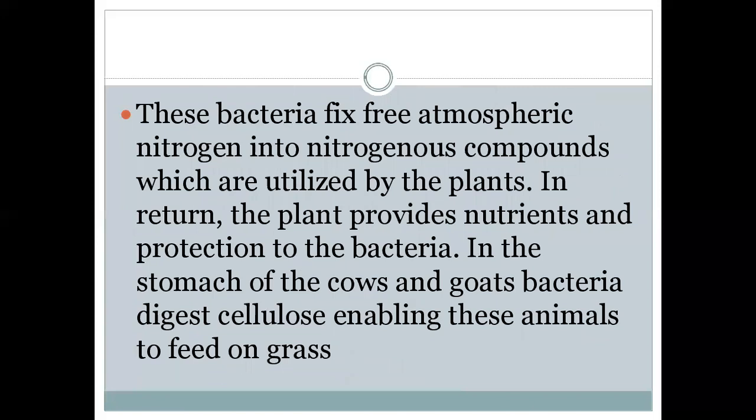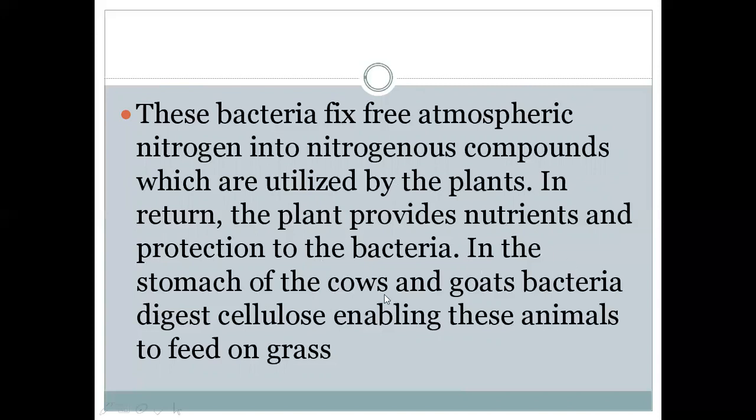It converts atmospheric nitrogen to ammonia, and this ammonia is given to the plants, which can form biomolecules from it, whereas the rhizobium gets nutrients as well as shelter from the plant. So these bacteria fix free atmospheric nitrogen into nitrogenous compounds which are utilized by the plant. In return, the plant provides nutrients and protection to the bacteria.